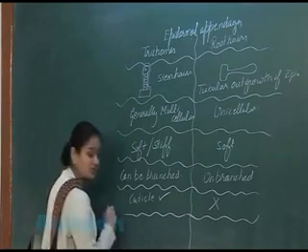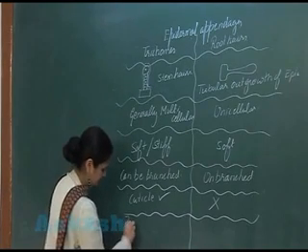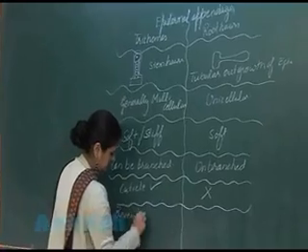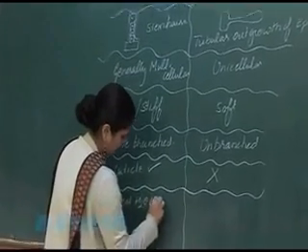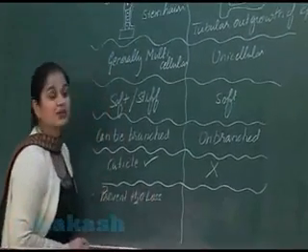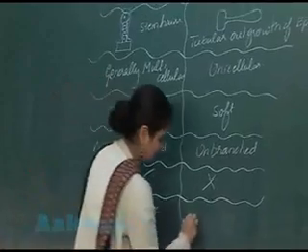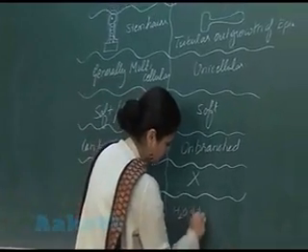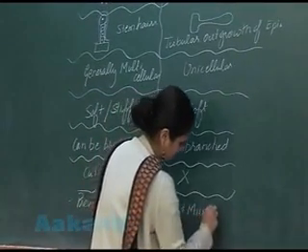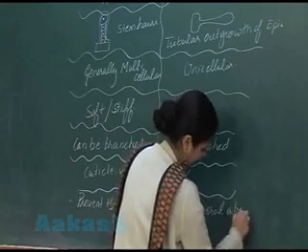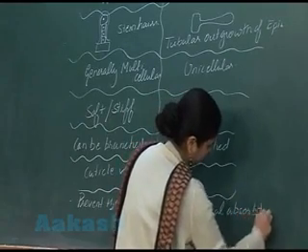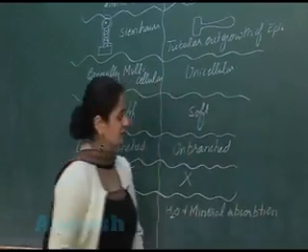Now trichomes, what is their function? They prevent water loss from the plant. And root hairs are involved in water as well as mineral absorption.